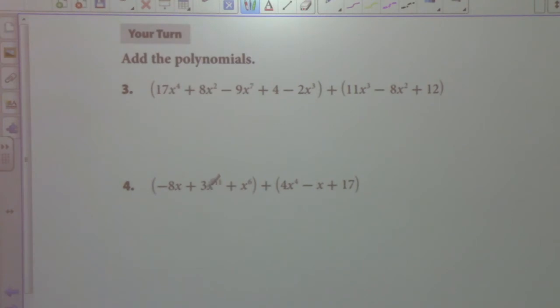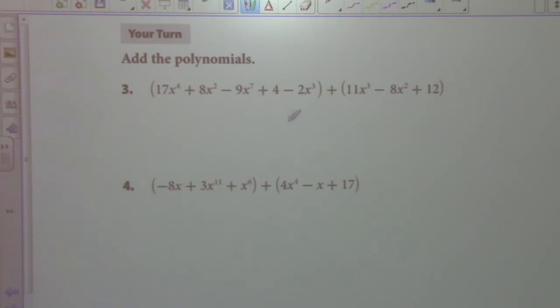Now, what I'm going to do is briefly go over an addition problem here, and here we have these two polynomials that are cordoned off in sets of parentheses. And so what you're looking for is like terms.